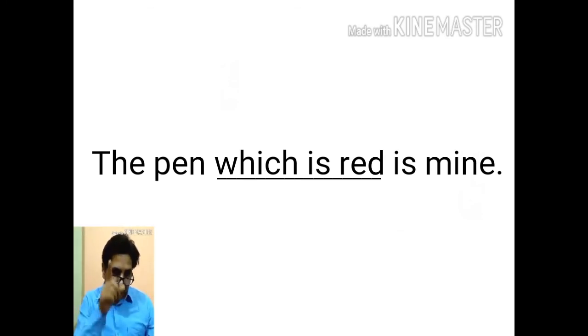Here you have to notice that which is red, this clause starts with which, a relative pronoun. Which के बाद is का प्रयोग, इसलिए यह relative pronoun जो लाल है, which is red, and therefore this clause can be said to be a relative clause.